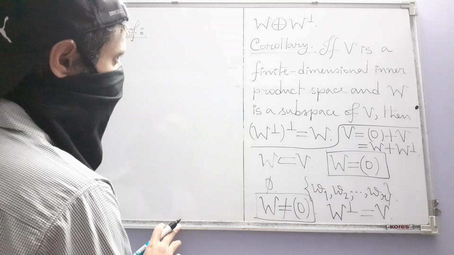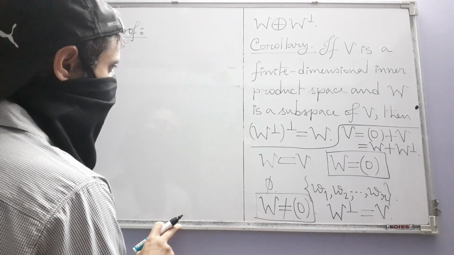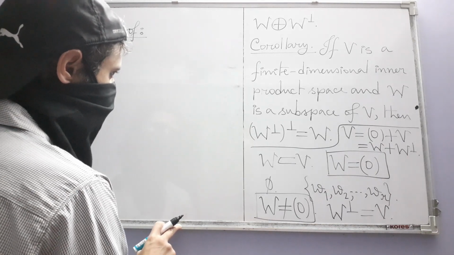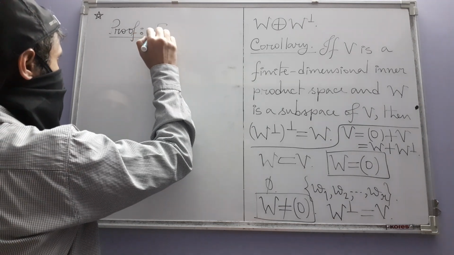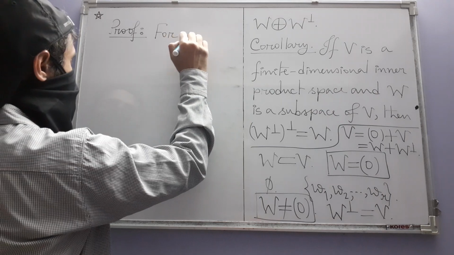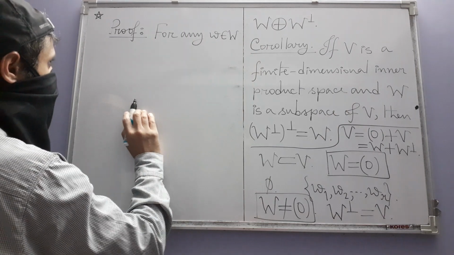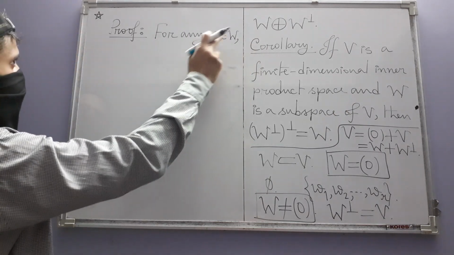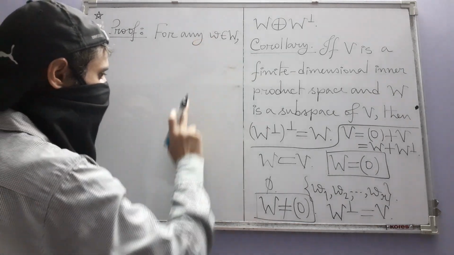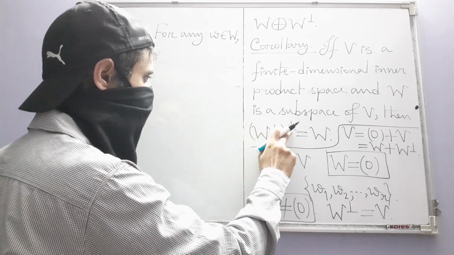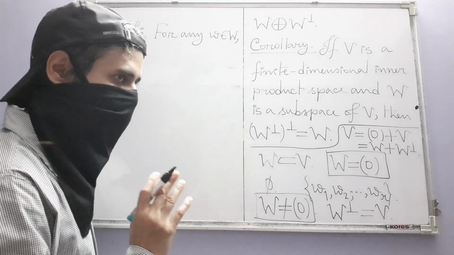Okay, so if V is a finite dimensional inner product space and W is a subspace of V, then we have this. For any w in W, say w is any element in W. Now our aim is to show that this w belongs to the orthogonal complement of the orthogonal complement of W. To show that, what is it that we have to show?